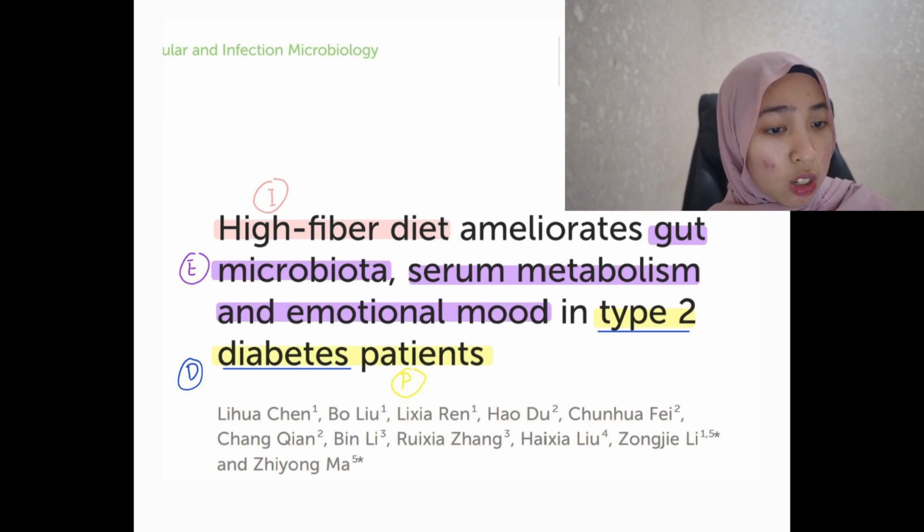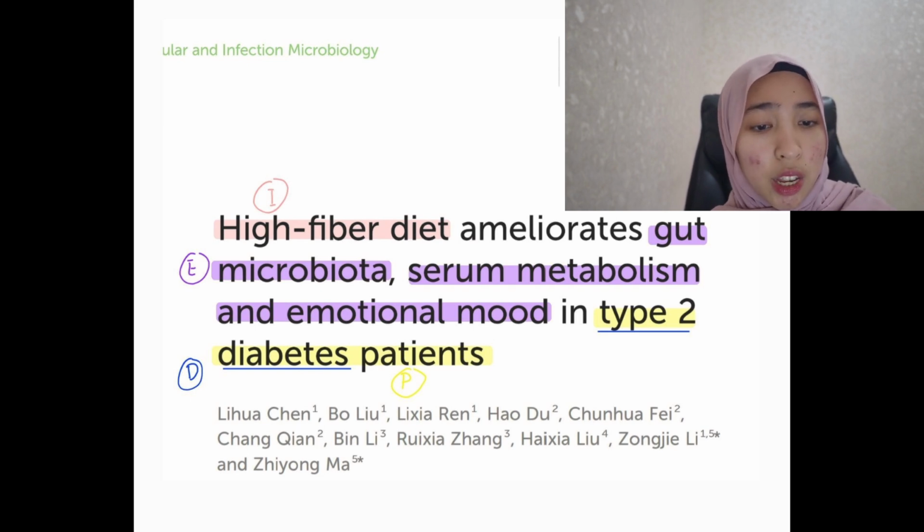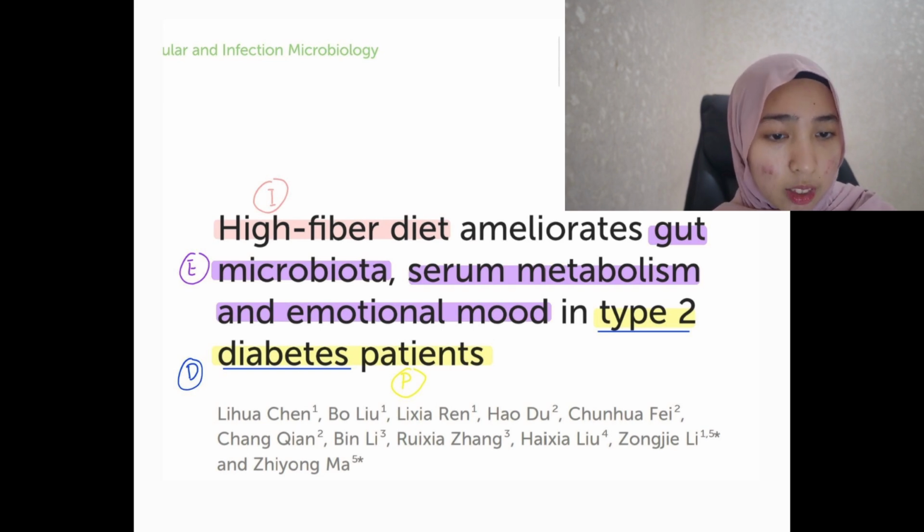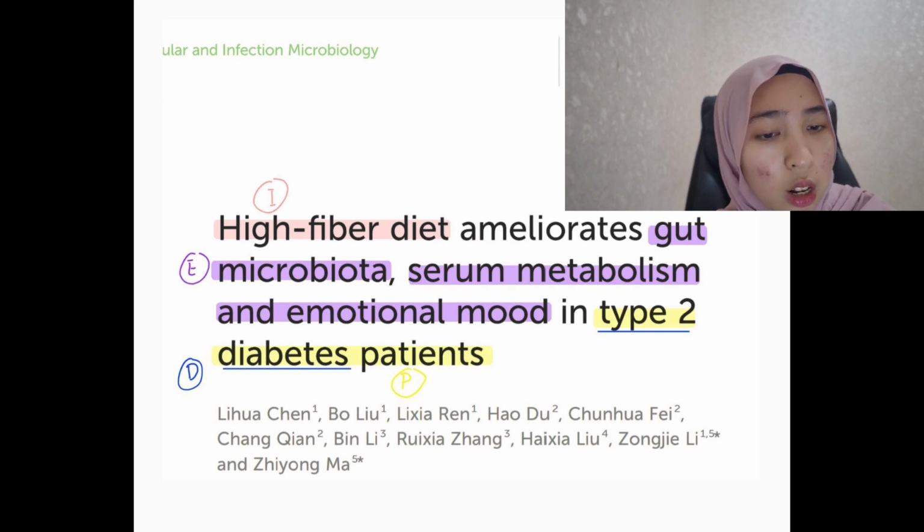Maybe they use a control group or regular diet, but this is not clear from the title. And E is for effect, talking about the result or outcome. In the title it says the diet ameliorates, or improves, gut microbiota, serum metabolism, and emotional mood. And those are the effects.